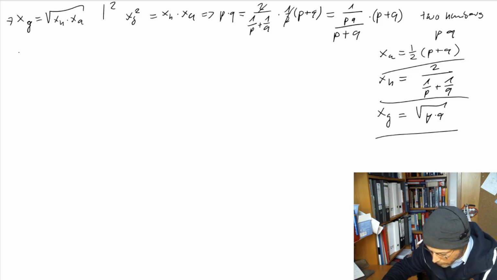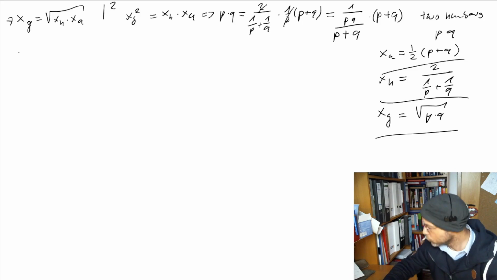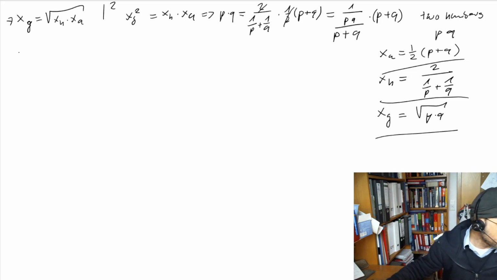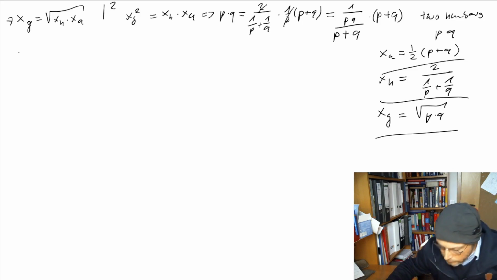Two over this, 2 over this. This morning I calculated this and everything was right. There's my mistake. xh, xa.